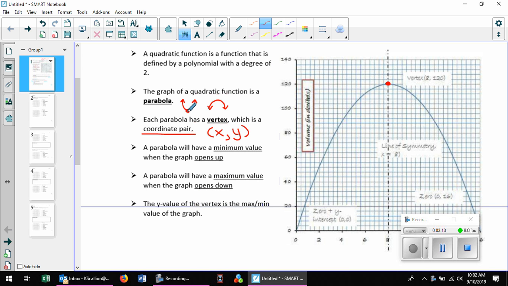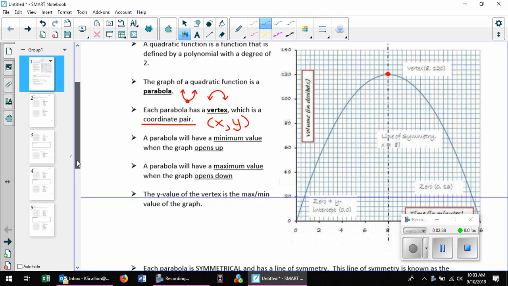If the parabola is opening down, like this one here, it goes all the way to its max point. It will never exceed this max point, and then it's coming down. So if you are opening down, you're going to have a maximum value. If you're opening up, you're going to have a minimum value. This will make sense the more we graph them.